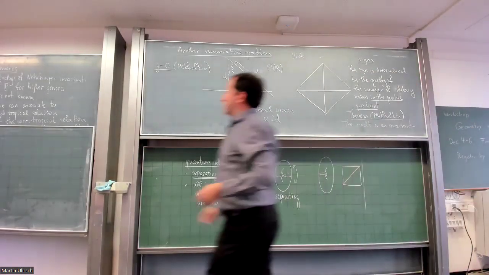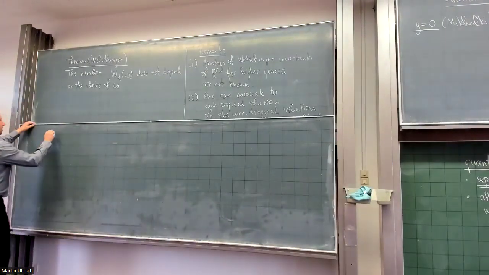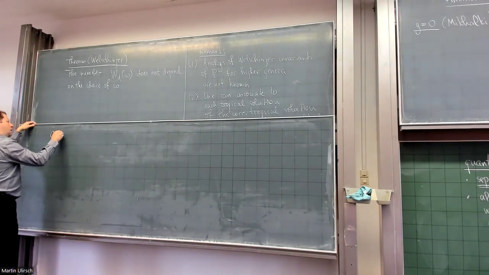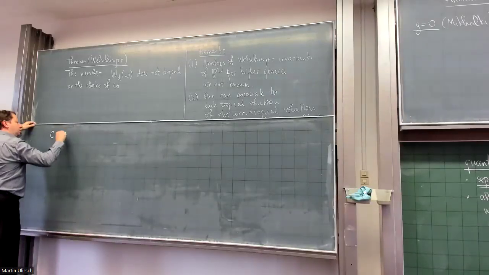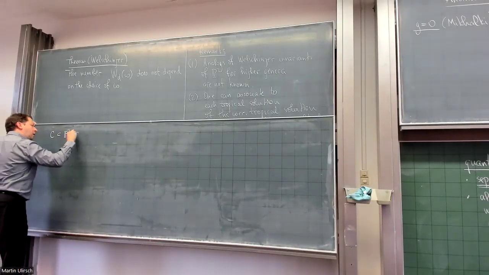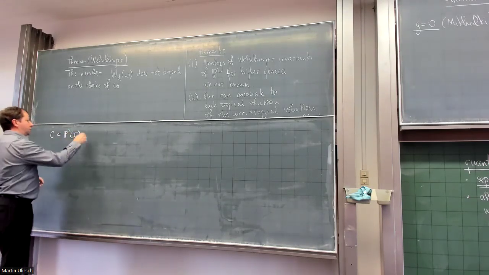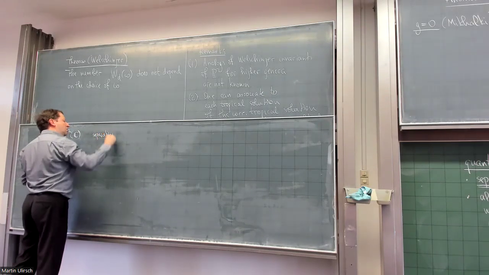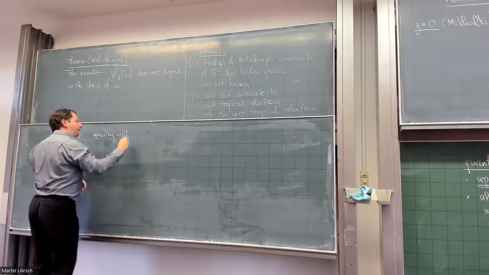So I say that my real nodal curve is separating if the normalization is separating. So I have a separating real curve in P2. The complex point set is C. So this is the complex point set of a separating real curve.